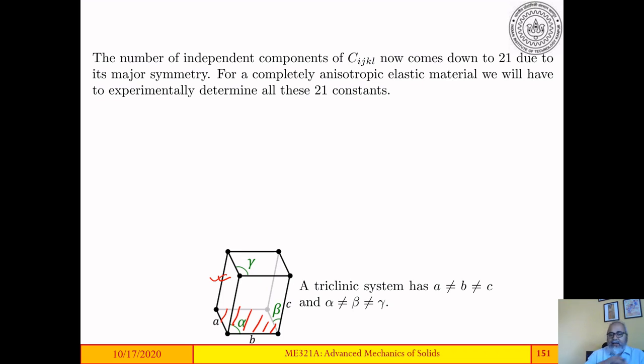So at every point in the body, when you think of this as a continuum, you don't see the unit cells anymore, but the unit cells are there in the background. So at every point on the continuum, you will have one plane of symmetry, and that plane will coincide with this plane of the rhombohedron.